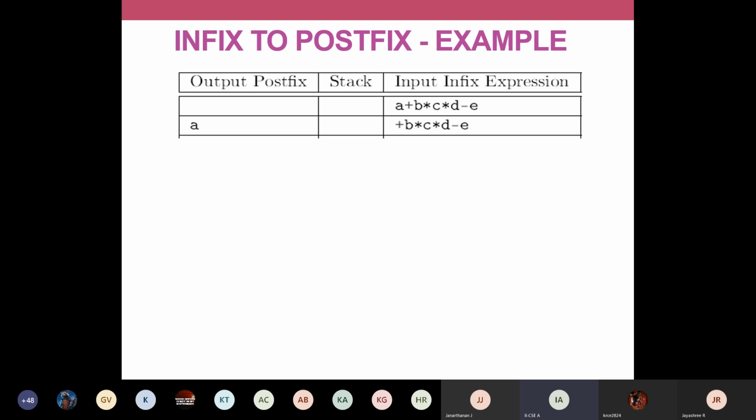Follow the same procedure: when you are having an operand, write it into the output. When you are having an operator, push it into the stack. And when you are having confusion with precedence, write whichever has the highest precedence into the output. So A we have written here. Then draw the column in your table.